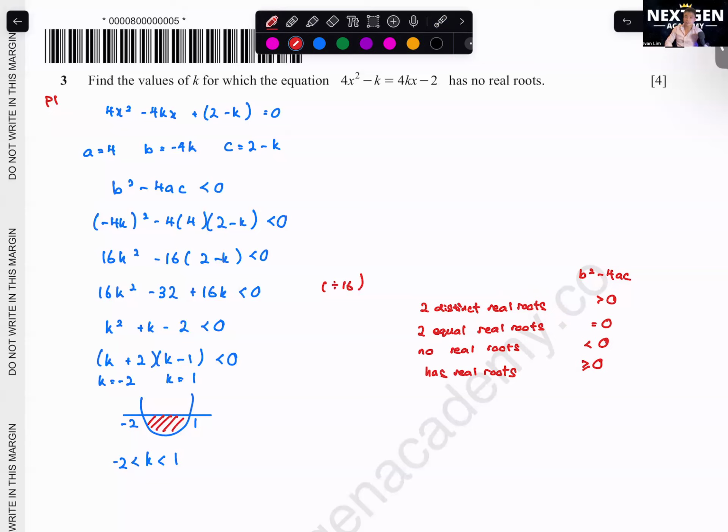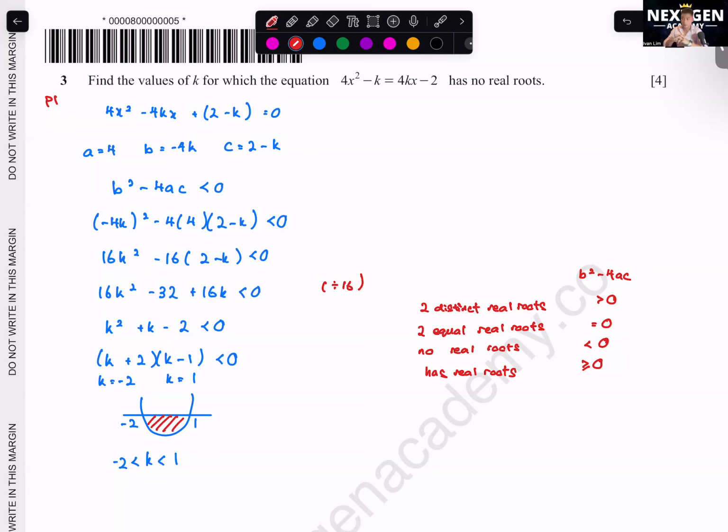Distinct means different. How can you have one different real root? That means it's an equal real root already. Has real roots cannot use more than 0. If they just say has real roots, it's either distinct or equal. So it's a combination of the first two statements.